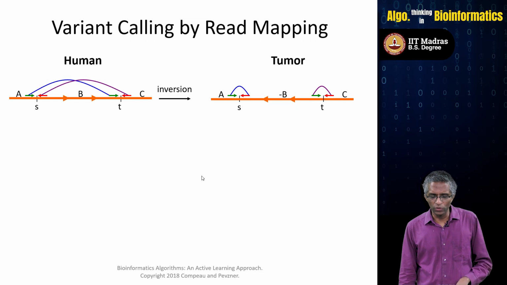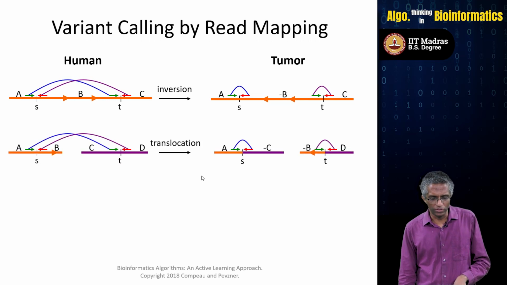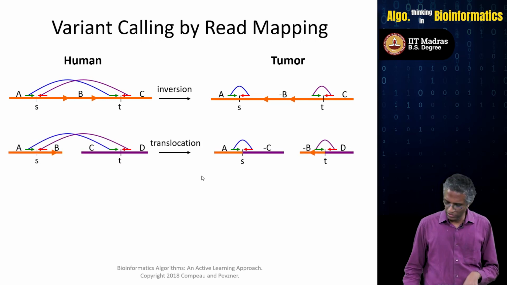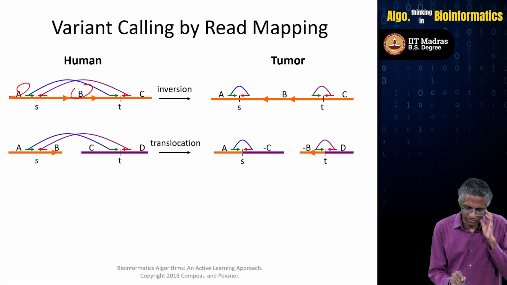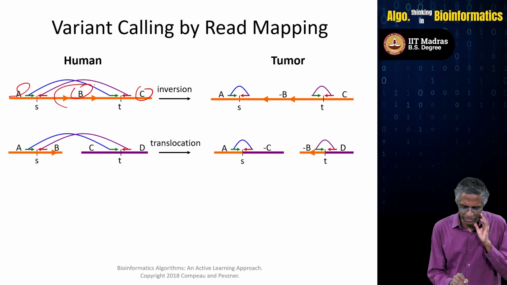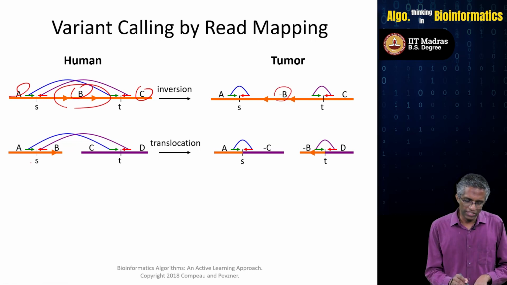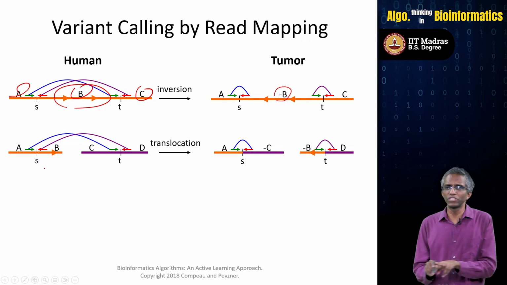And I'm not going to go into the details, but just leave the slides at that on how the reads will map if there are inversions or translocations. Inversions is when in a particular genome, you have A, B, and C. This part of the genome gets inverted and you get A, minus B, and C. Okay. Translocations is when one part of the genome shifts to another part of the genome.